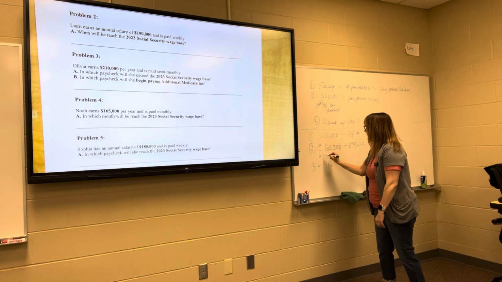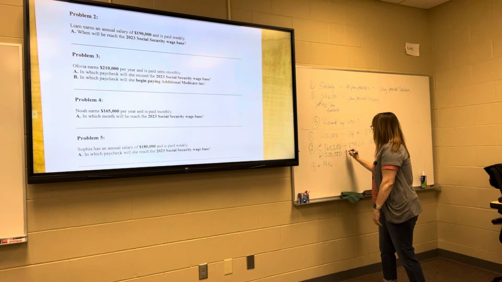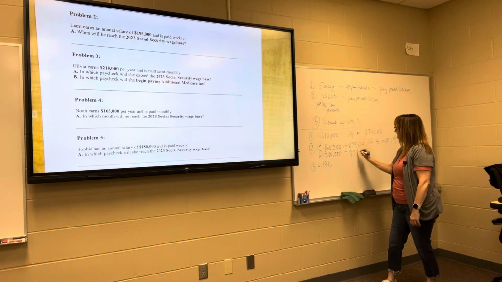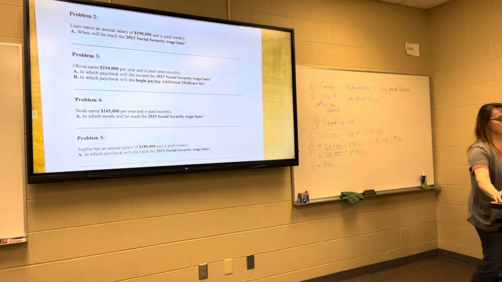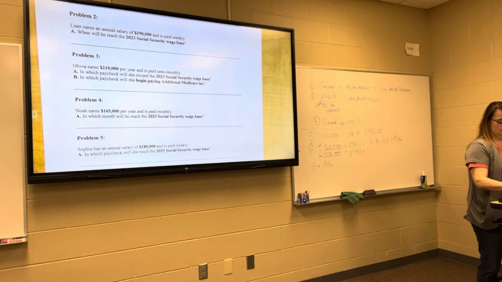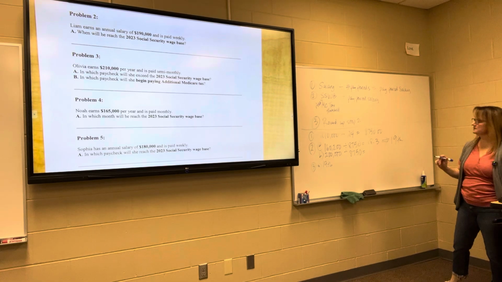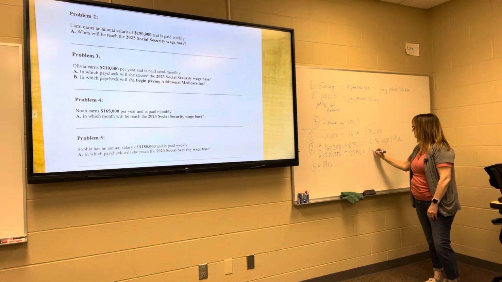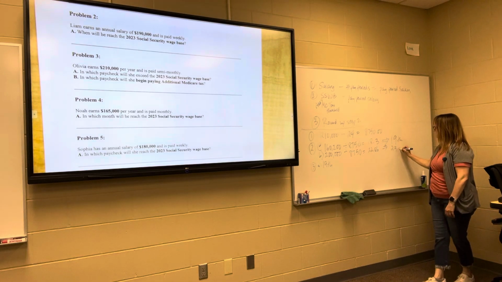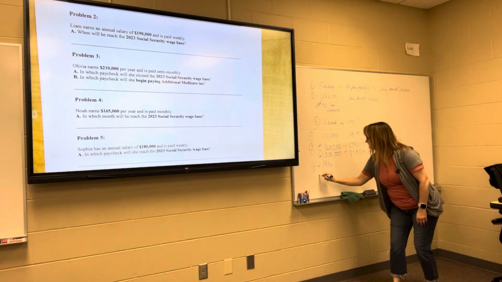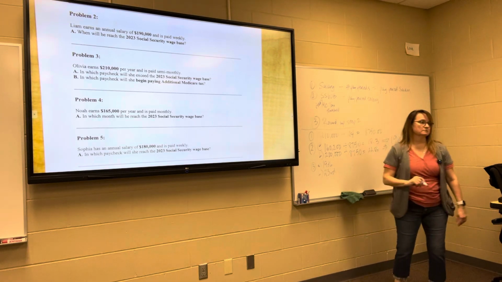Part B, now we're going to take 200,000 divided by 8,750. 22.86 rounds to 23, and this is the 23rd pay period.